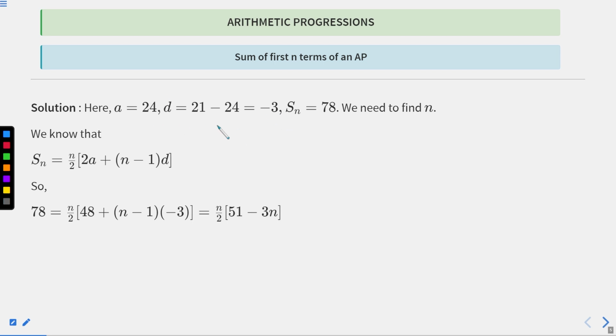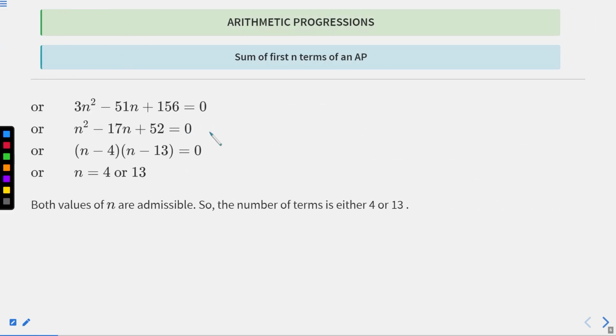Now if we put these values in this formula, we get 78 is equal to n by 2 times 48 plus n minus 1 times minus 3, that is equal to n by 2 times 51 minus n. If we simplify this equation, we get the quadratic equation 3n square minus 51n plus 156 equal to 0.